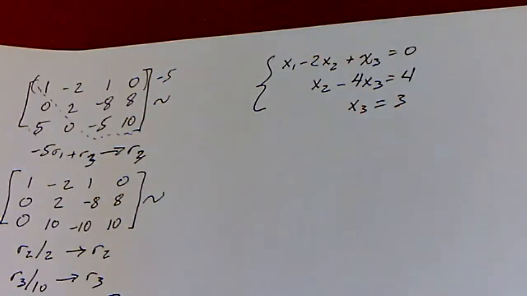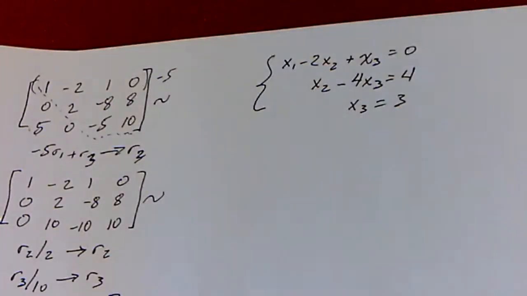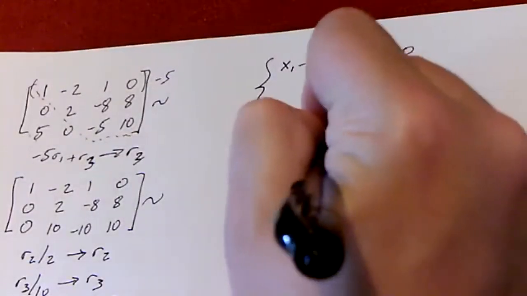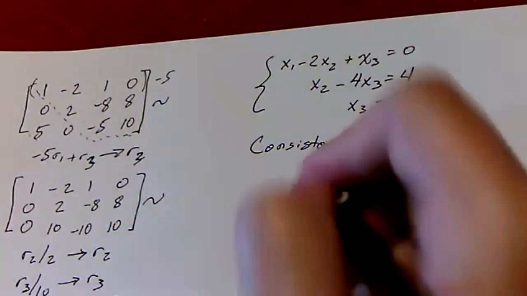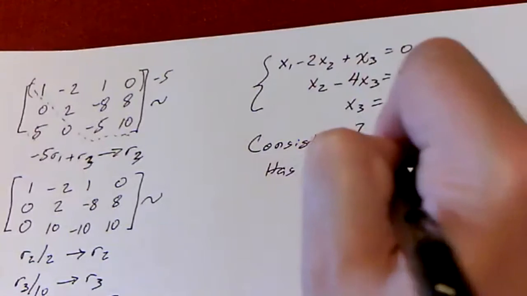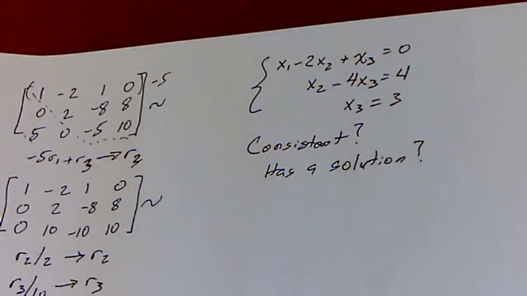I did not do that in the previous one because I wanted to emphasize that you got to make sure you get those zeros in there if they're not lined up. But it's very common to write these with the variables in columns so that it's easier to recognize that. Now, the question is, is this consistent? Consistent merely means it has a solution. Now, it may have more than one solution, but to be consistent, it just has to have a solution.